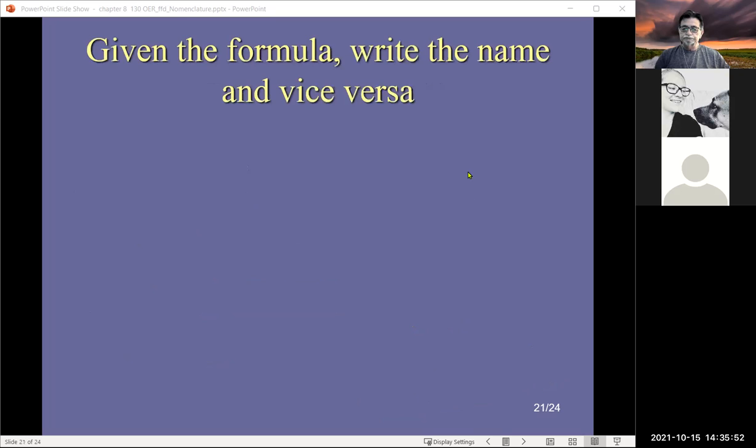All right. So given the formula, write the name and vice versa. So we have BrO, with 3 bromine and 8 oxygen. Okay, so they're asking for the name. And again, my suggestion is to write the base name, which we got bromine. So we write bromine. And then we got oxygen again, which is oxide.